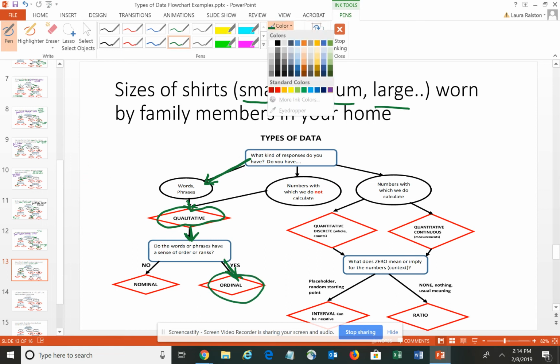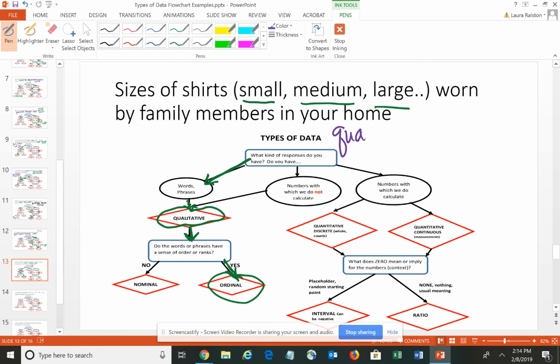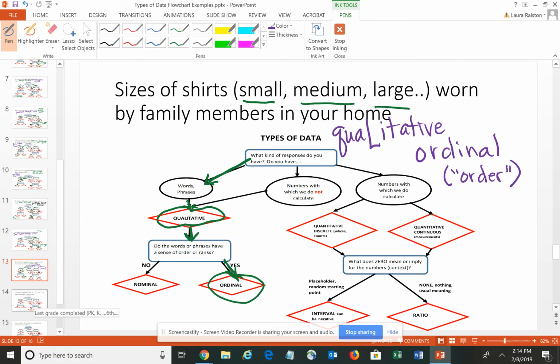So we've decided that shirt sizes are qualitative and at the ordinal level of measurement. Ordinal has almost the word order in it, so it's what you call it when you have that sense of order.